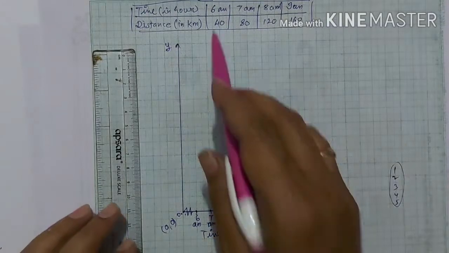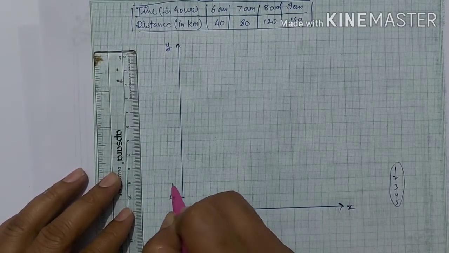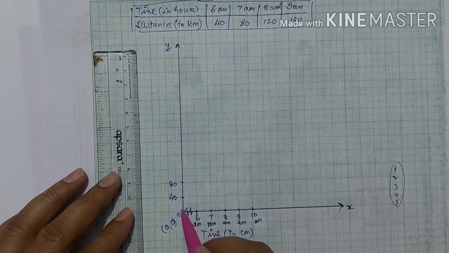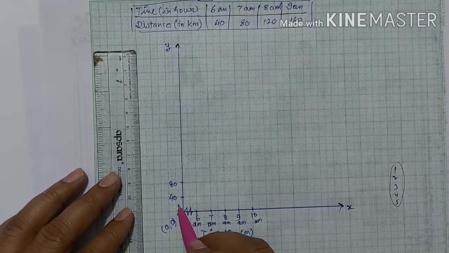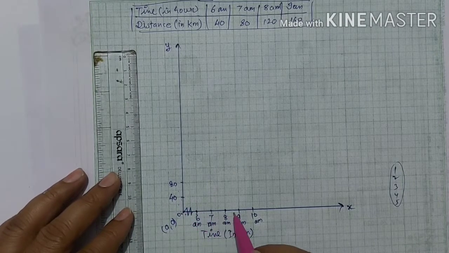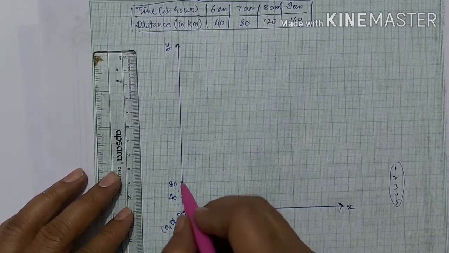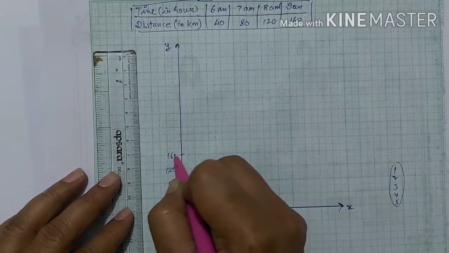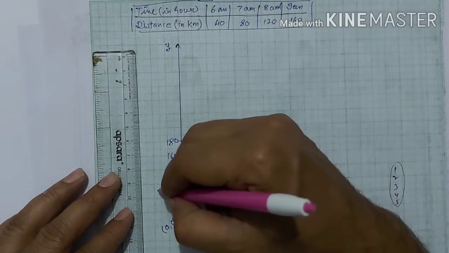And here is 40. Suppose you draw 40, second will be 80. From 0 to 40 there are no numbers in between because the distances are common. Here will be the 40 distance, here is the 40 distance, but here the time is 1 hour and here it is 5, so the line will merge. And here 120, 160, it is the distance.